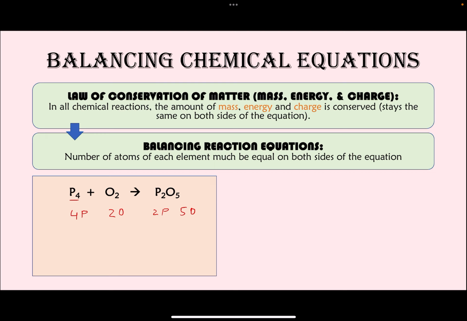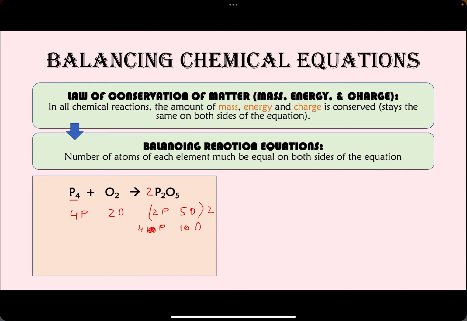So if we want to balance the phosphorus on the product side, we're going to have to multiply this with the 2. Okay, so if you are multiplying this with a 2, that means I'm going to add a coefficient of 2 with the phosphorus. So that gives me 10 phosphorus on this side and 4 phosphorus on this side and 10 oxygens on this side. Okay, now the phosphorus is balanced on both sides.